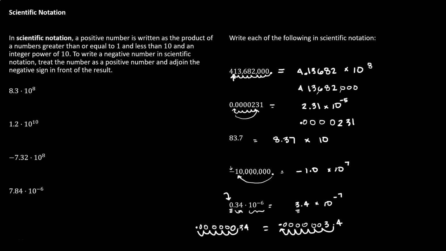You might notice that a calculator will write the number a little bit different. Instead of, for example, 4.13682 times 10 to the 8th, it might write it as 4.13682 capital E followed by an 8.